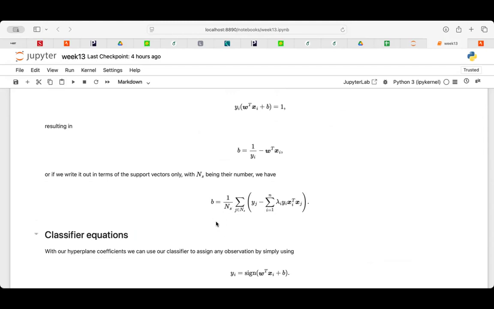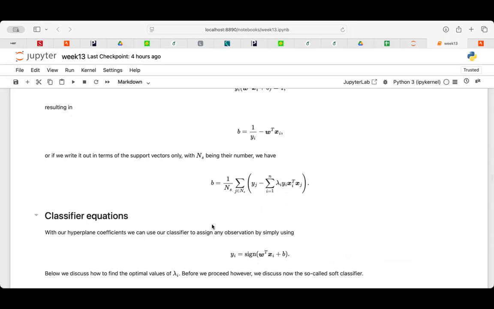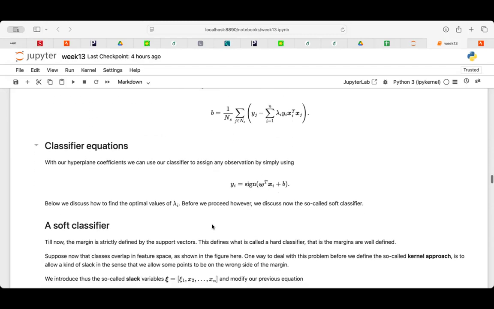So this is just a normalization factor. This is something which we then can set up in terms of this expression here. And that defines the support vectors. So with the classifier equations set up with the hyperplane coefficients, we can then use our classifier to assign any observation by simply using these parameters b we found and the parameters w which we have found.